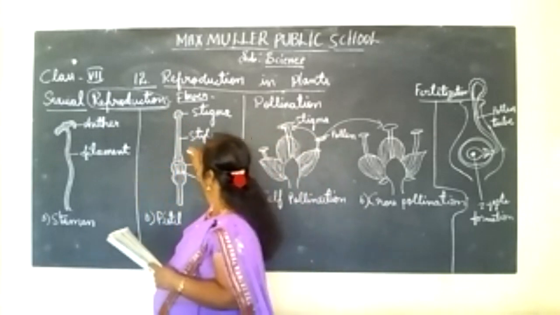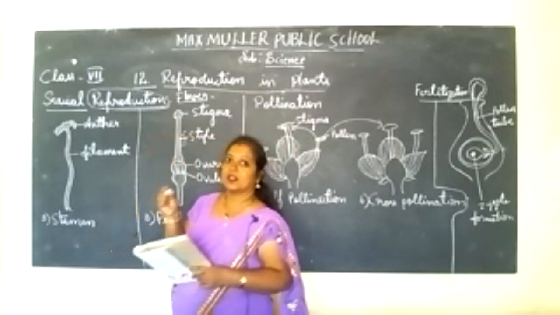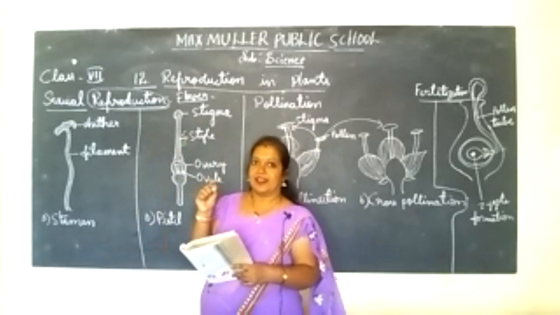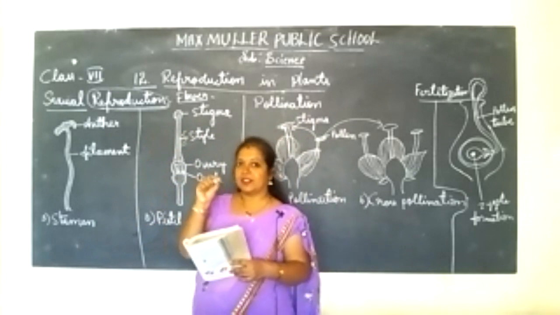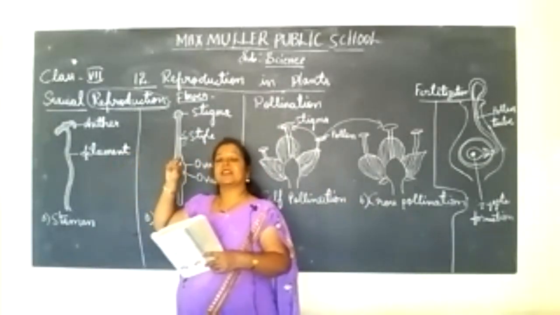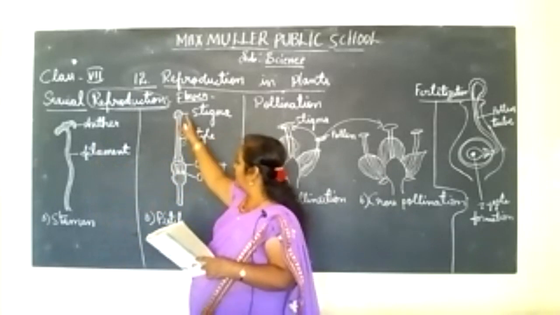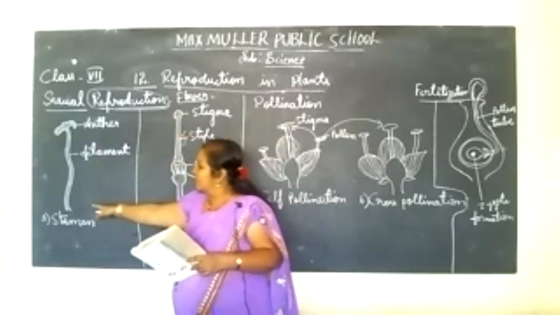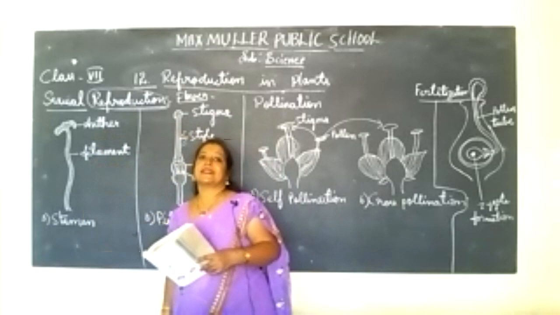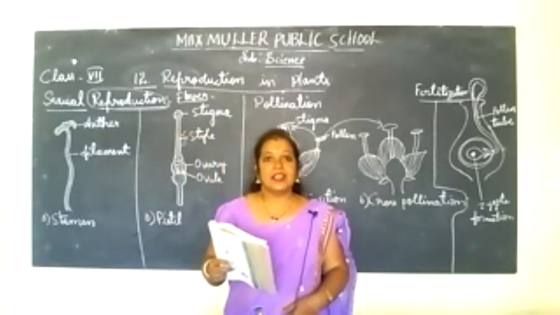To this part, small yellow colored things are there, like small petals. If you extend and see under the microscope, they will be in this shape. This one we will call a pistil, and this structure we will call a stamen. These two are very important.